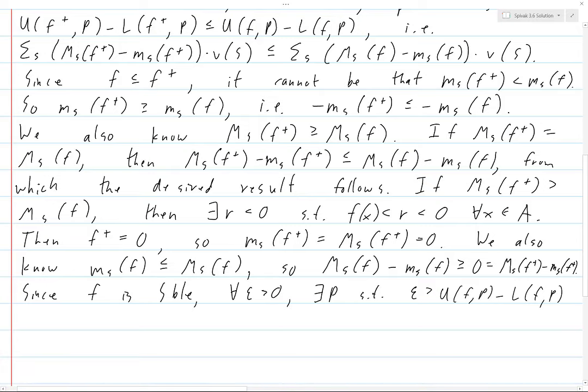But now we know that this is always going to be greater than or equal to Uf plus P minus Lf plus P. This is precisely what we just went through all the trouble of trying to prove. So now, for all epsilon, there's a P such that epsilon is greater than this difference of Uf plus P minus Lf plus P, which means f plus is integrable.